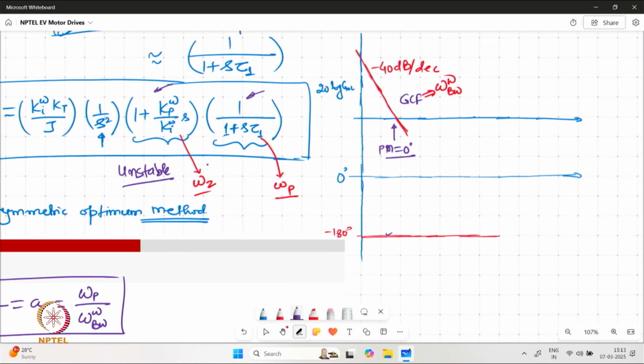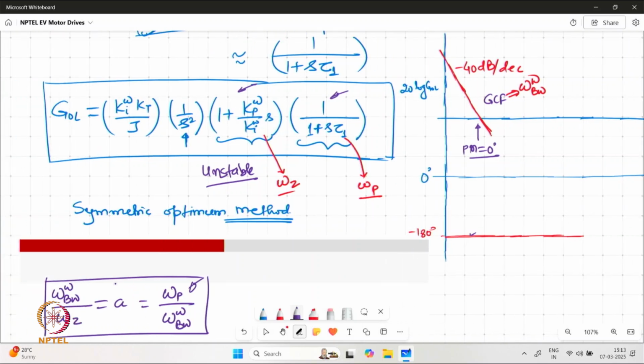Because we are talking about a logarithmic x-axis, the distance between the frequencies is going to look the same in this scenario.